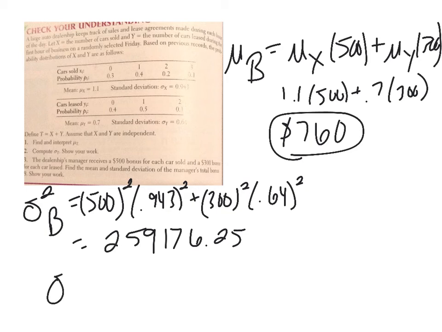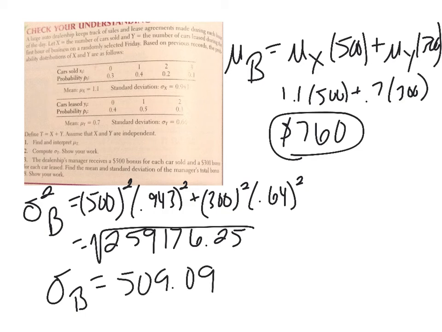To get the standard deviation of B, I need the square root of that, which is $509.09, telling me that he is going to have a standard deviation from that $760 average of $509.09.